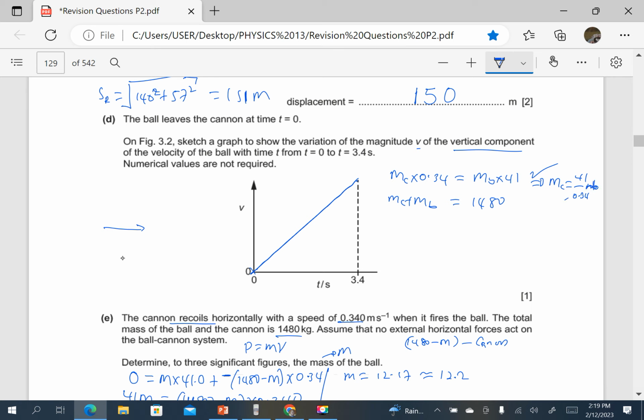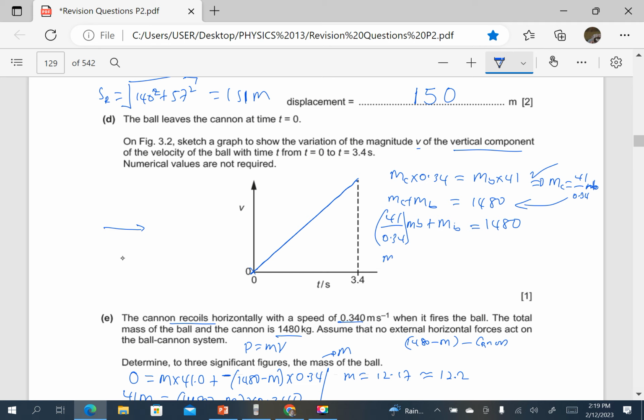I'm just using substitution. So I'm now substituting 41 over 0.34 times the mass of the ball plus the mass of the ball is going to be 1480. So the common factor is the mass of the ball.